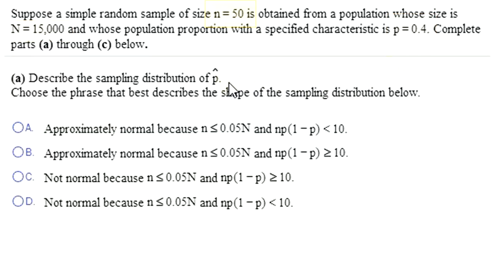So the sampling distribution of p hat, our estimate of the proportion, also known as our sample proportion, should be approximately normal. And the reason that is the case is we can check two things.